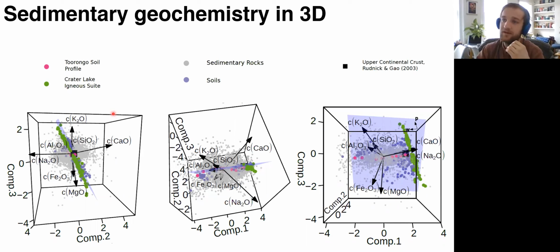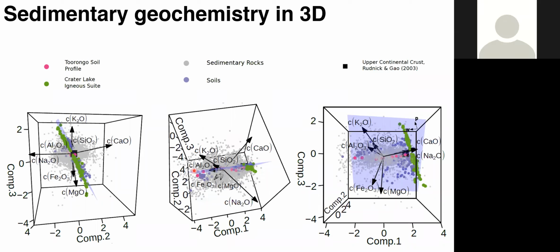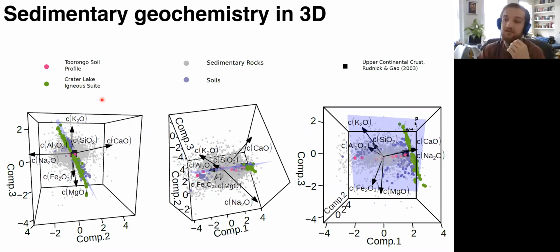The pink and the green represent calibration data sets where we think we can constrain one process. The pink data are soil compositions going from pristine at the bottom of the soil profile to very, very weathered soil at the top of a soil profile. So going from here to here represents weathering. And the green represents the process of igneous evolution.